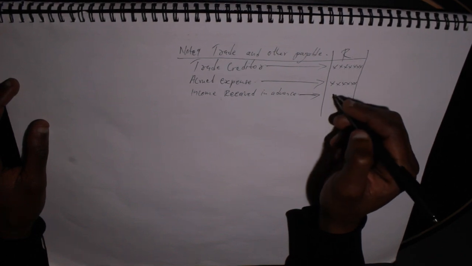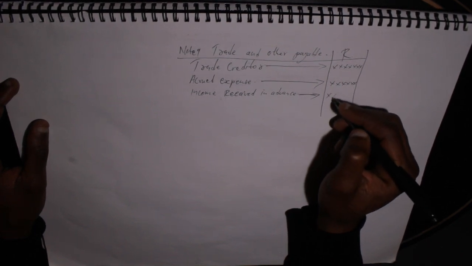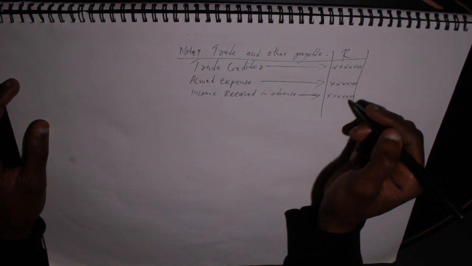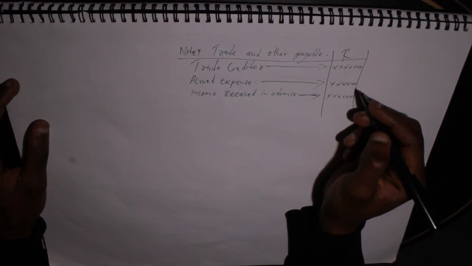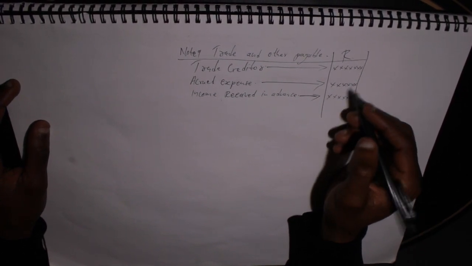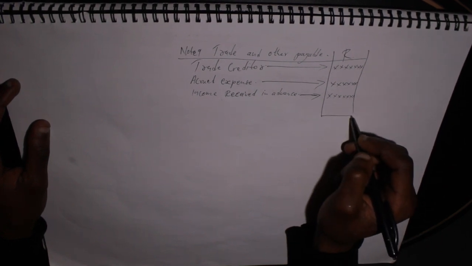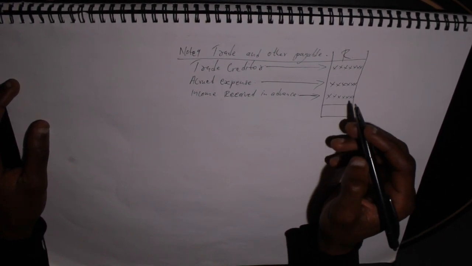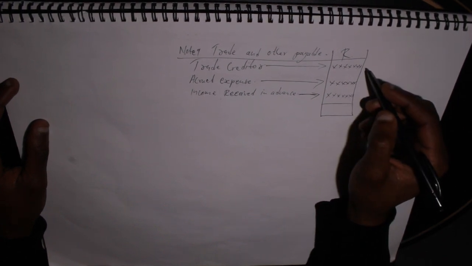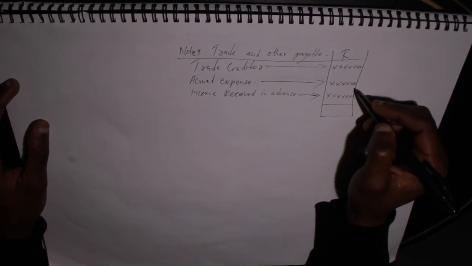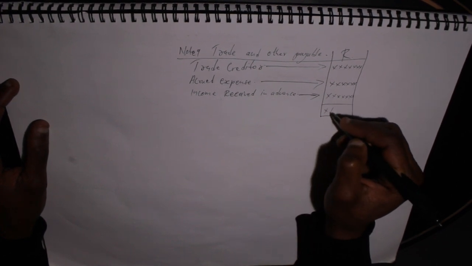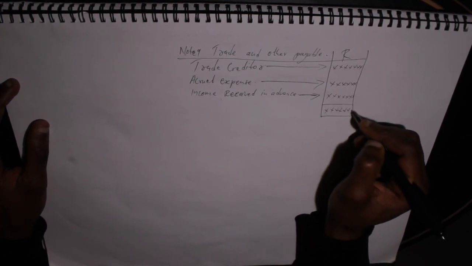This client basically paid in advance, so we owe the client the value of that amount that this client has paid. Therefore, that falls under trade and other payables because we still need to offer that service amounting to that value. Now, our trade and other payables will be made up of trade creditors, accrued expenses, and income received in advance. All that forms part of trade and other payables.